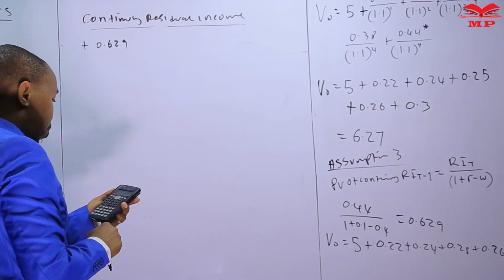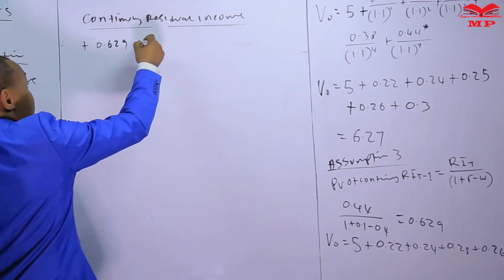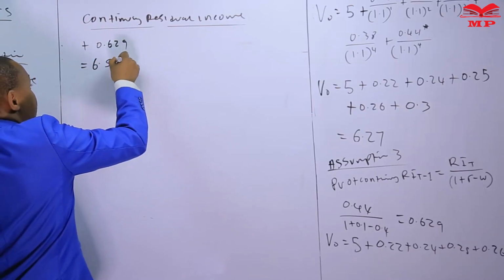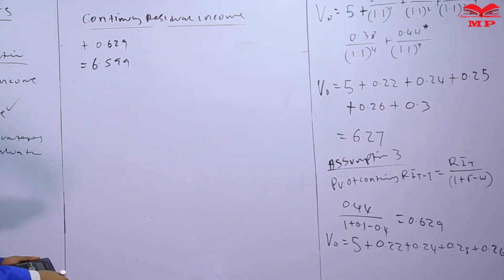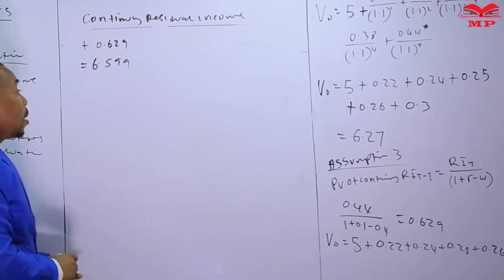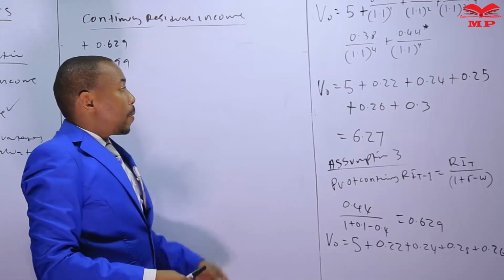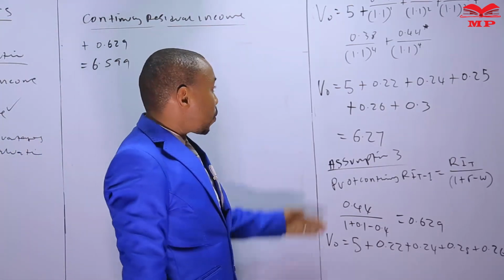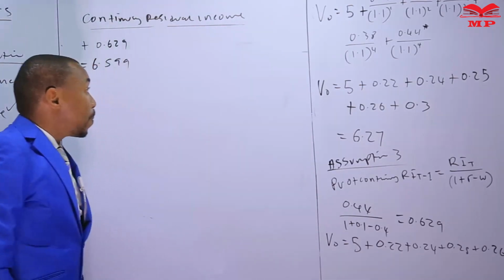How much do we get? We get 6.599. So that is how we can apply the continuing residual income based on the 4 assumptions. So this is how we can actually apply that.